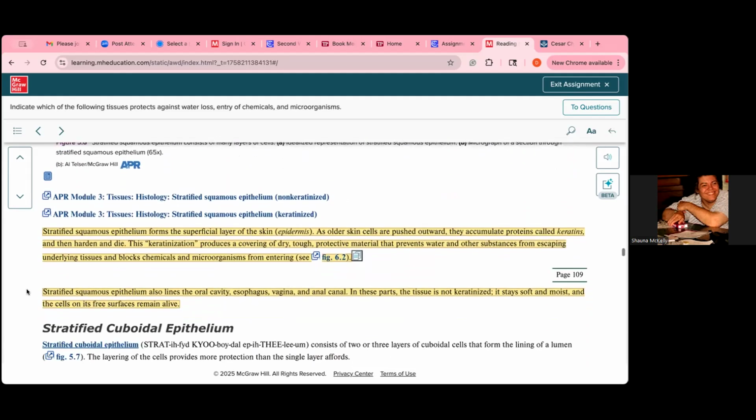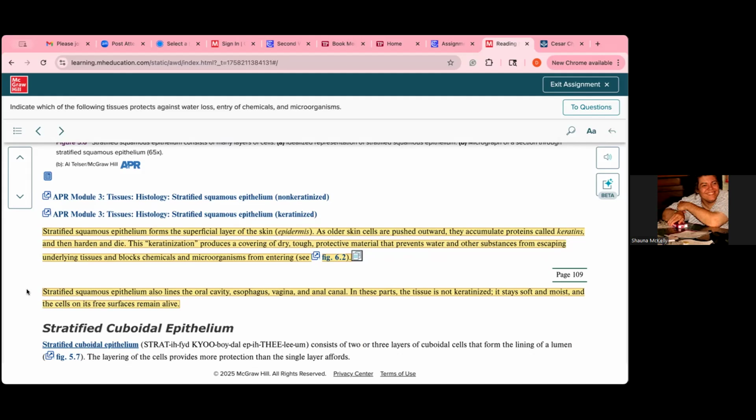Stratified epithelium performs as older skin cells are pushed. Yeah, so here, stratified squamous epithelium forms the outer layer of the skin, the epidermis. As older skin cells are pushed outward, they accumulate proteins called keratins and then harden and die.